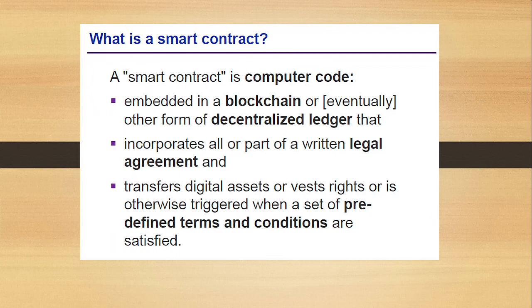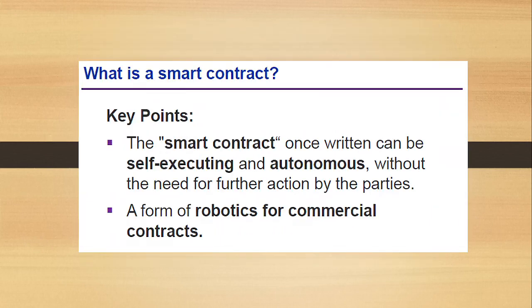You're going to see two forms of smart contracts. It transfers digital assets, triggered under some defined conditions. The main key point that you need to understand is that once they are written, they are self-executing and autonomous.